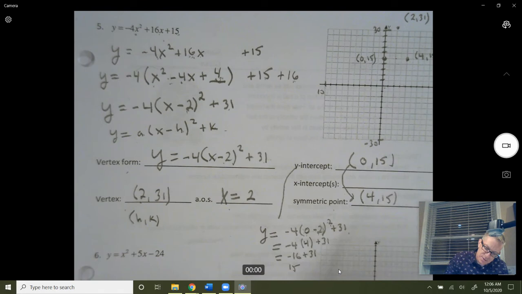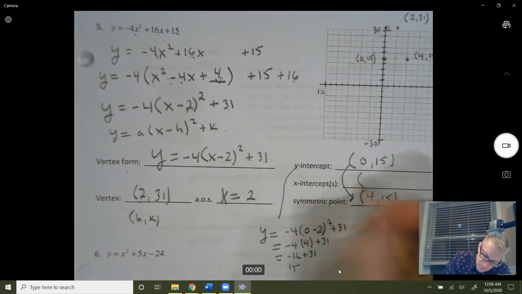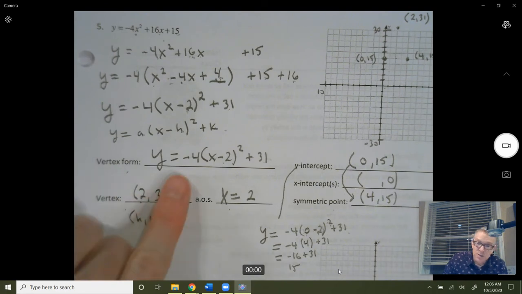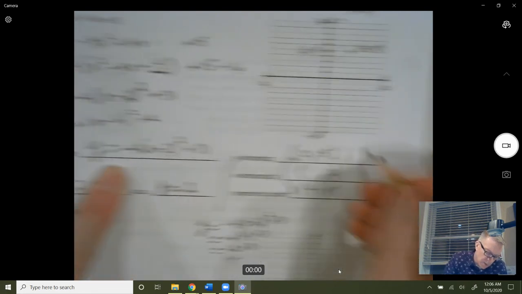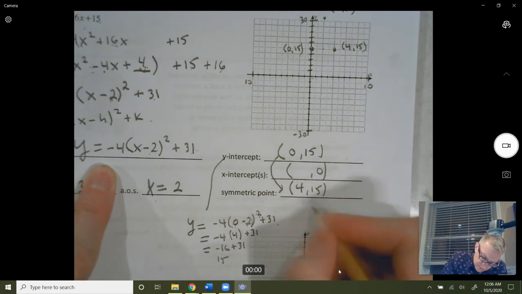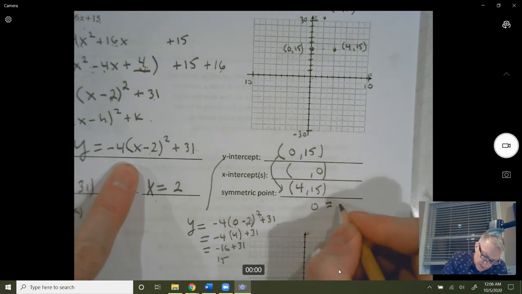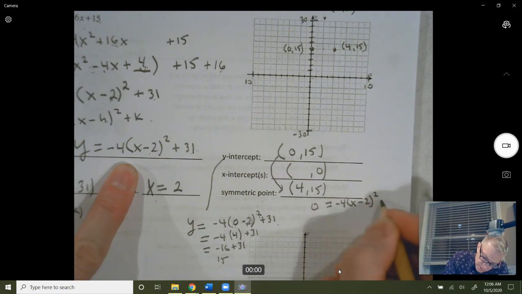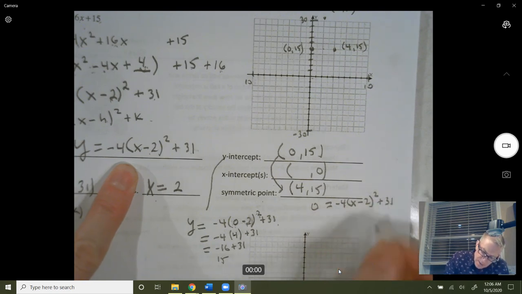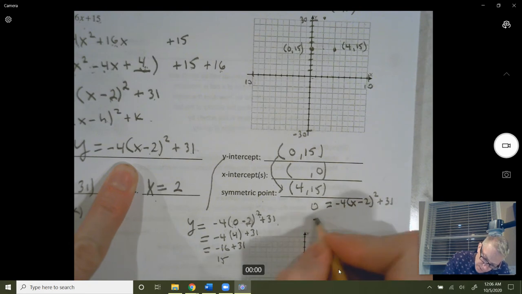And our x-intercepts happen when y is 0. So let's plug in 0 for y. And I got 0 equals -4 times x minus 2 squared plus 31. I'm going to subtract 31.